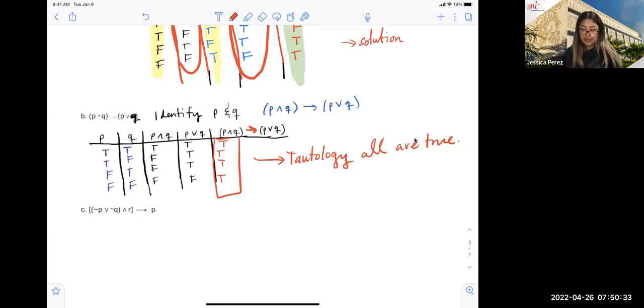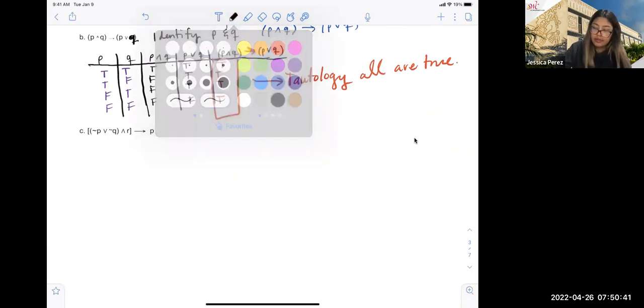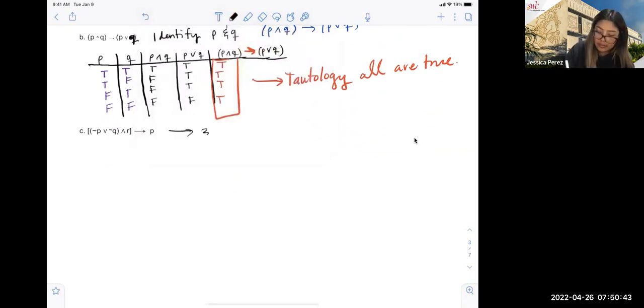All right, next step. This one's a little bit different because you have now 3 variables. So for this truth table, you have 3 variables. That means you have 8 rows. So I'll show you.